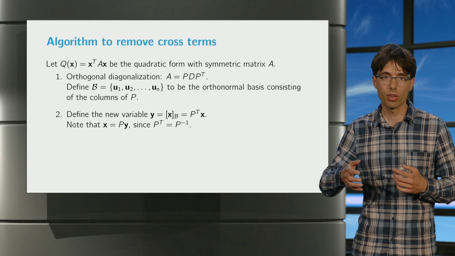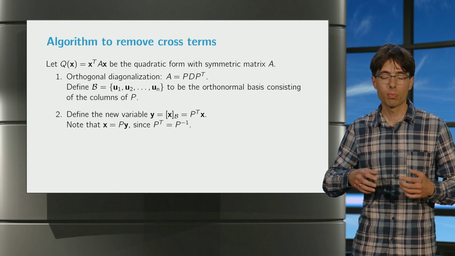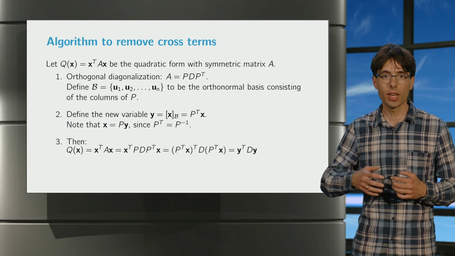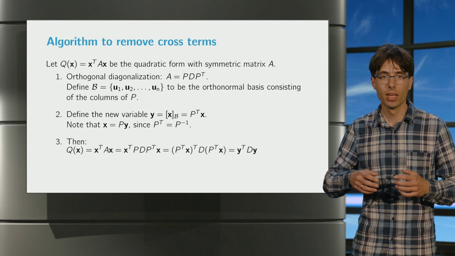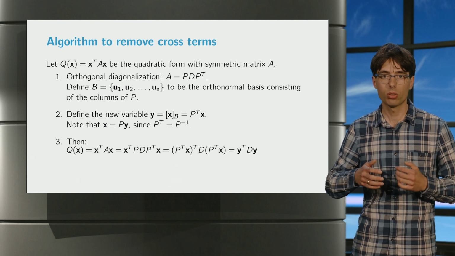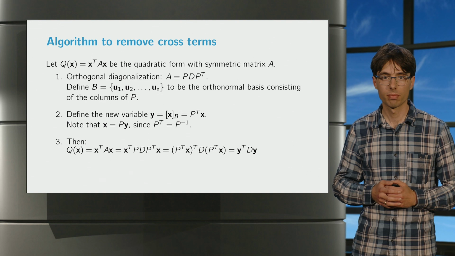Since P is orthogonal, we get x back by computing P times y. Then we can write Q of x in terms of the new variable y as y transpose Dy. Please pause the video to check these calculations.